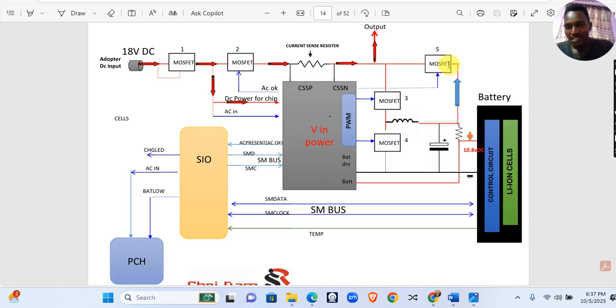You see, this MOSFET is the one which switches voltage from the battery into the motherboard. So in case there is no voltage being switched from this side to this side so that it can be taken to the motherboard, it means this MOSFET must be faulty, right? Yes, it could also mean this IC is having an issue.